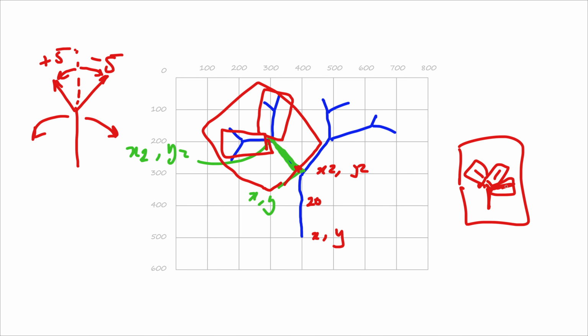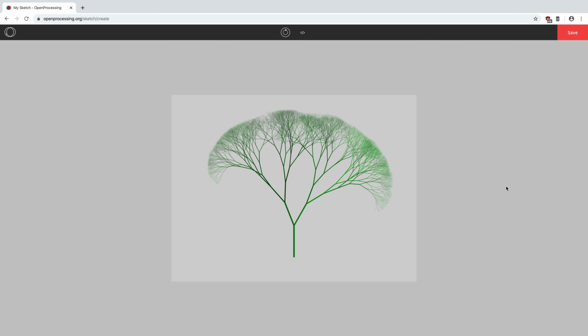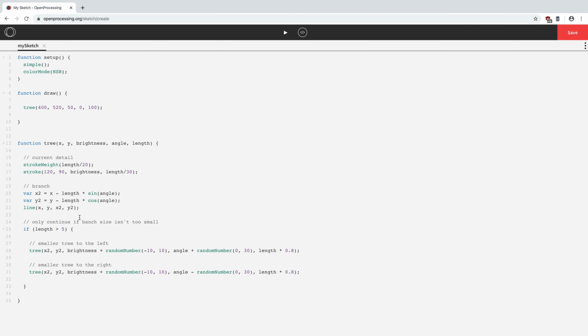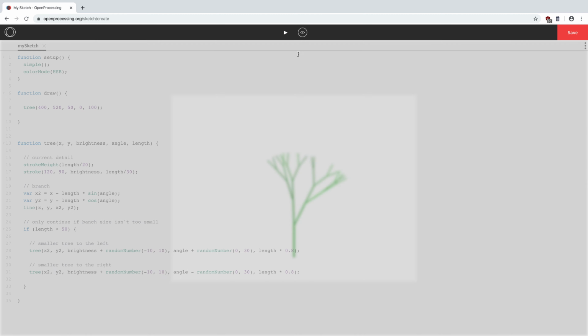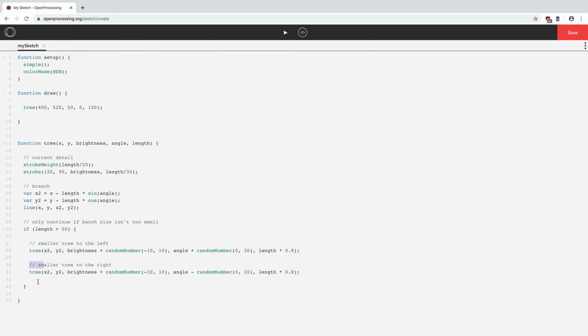Let's experiment there. I know I was going to finish, but I think this is an important thing to show. So let's first dial back the details so we don't get lost. Let's say 50, just so we can see what's going on. There you go. Now let's add, again, writing in plain English first, smaller tree to the right, but more to the right.